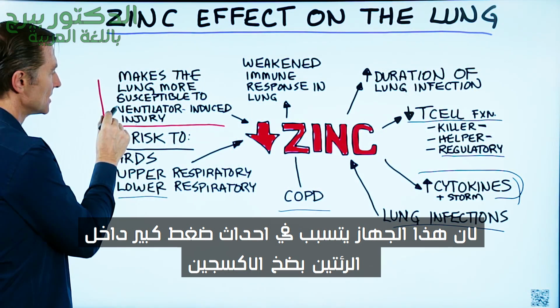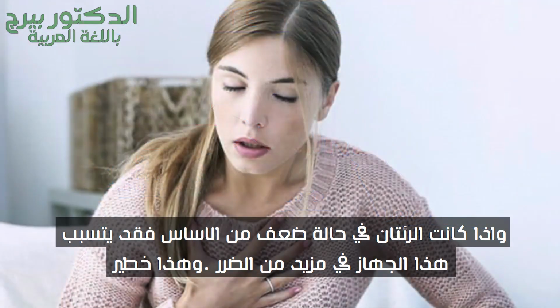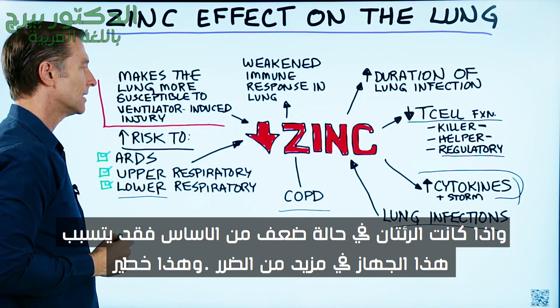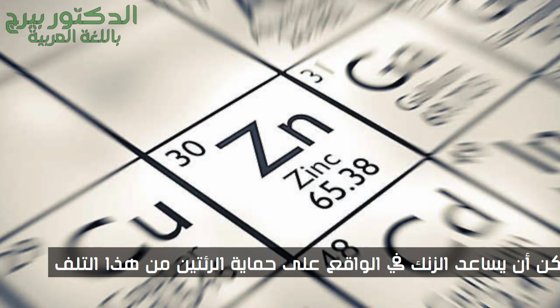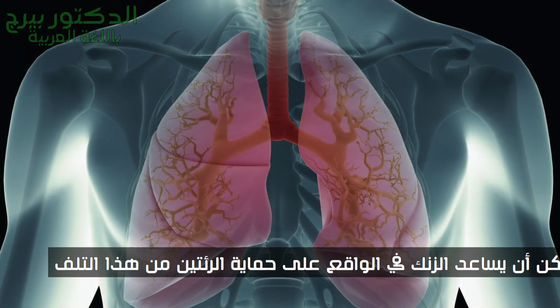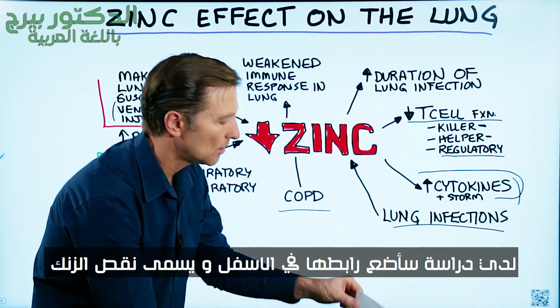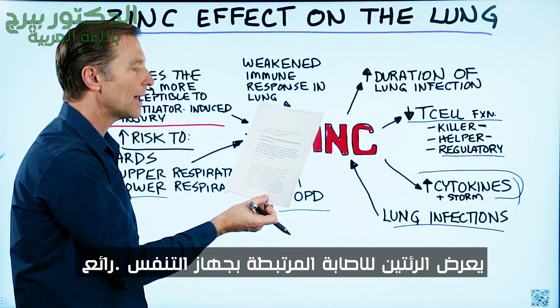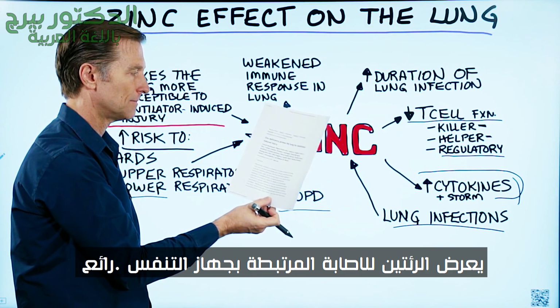What this does is it puts a lot of pressure into the lungs and oxygen, and if the lungs are already weakened, this could create some additional damage, which you don't want. So zinc can actually help protect the lungs against this damage to a certain degree. And that study I will put down below, and it's called Zinc Deficiency Primes the Lung for Ventilator-Induced Injury.